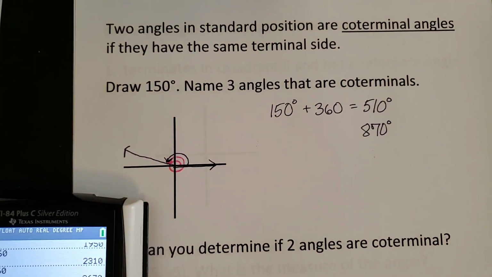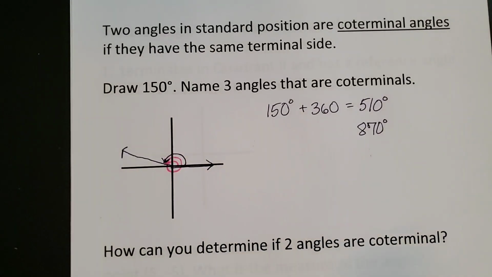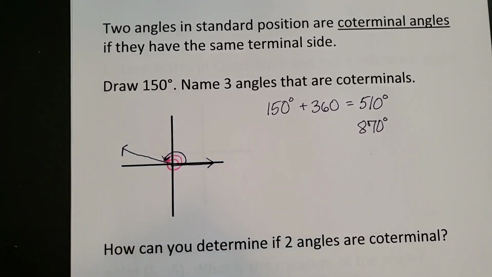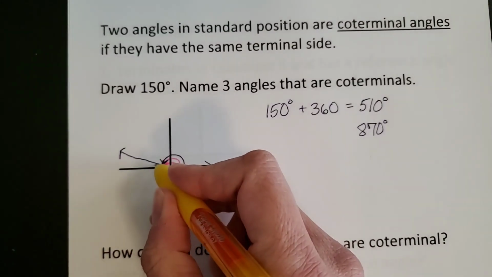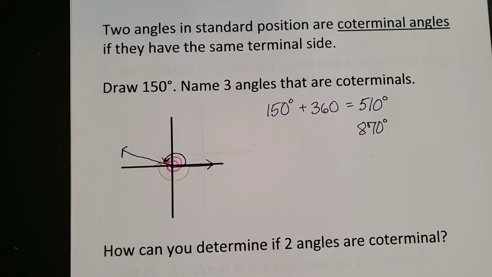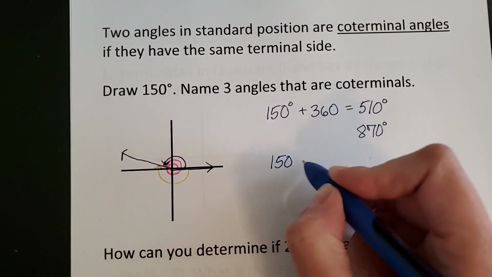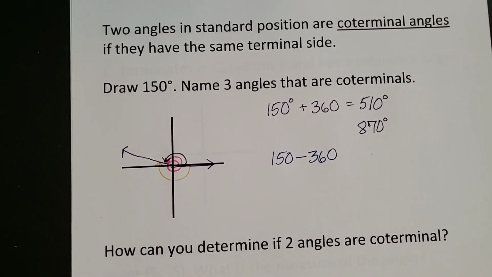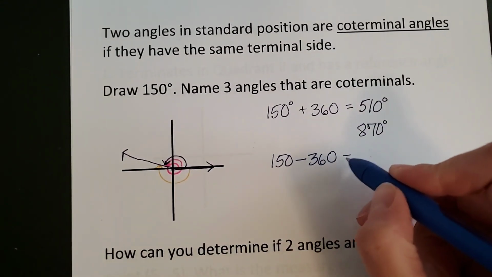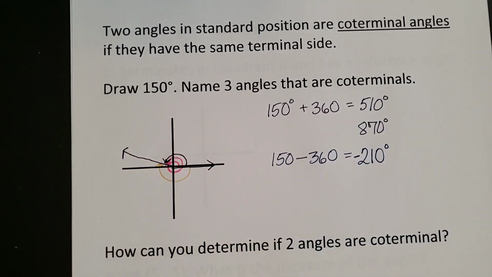We could also go backwards and look from here. Backwards, that would be another way to come up with a coterminal angle. That would be 150 minus 360. That would be negative 210, pardon me.